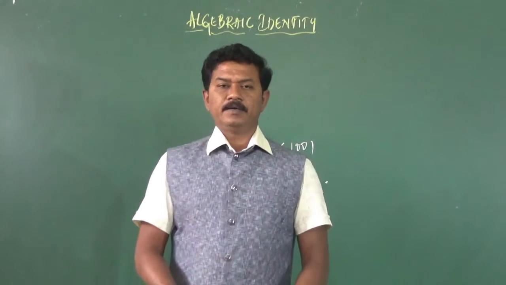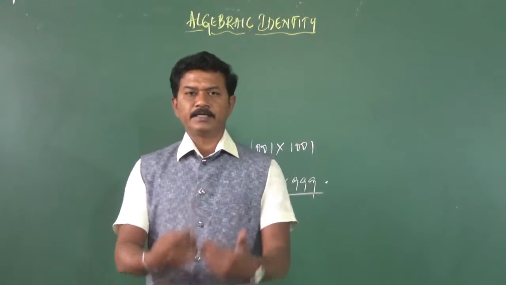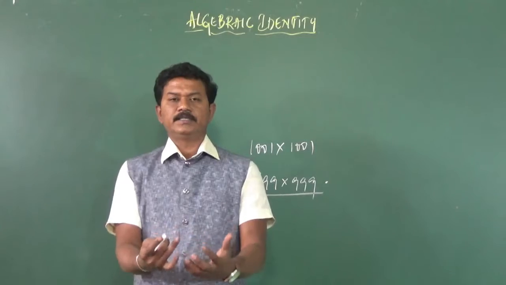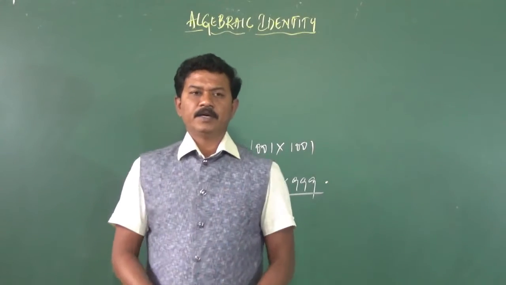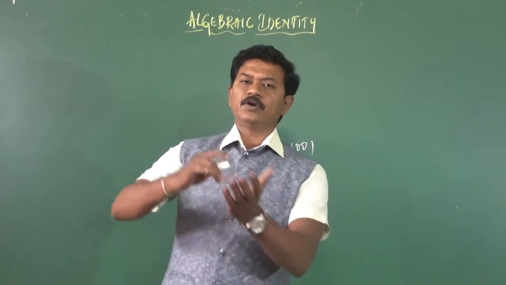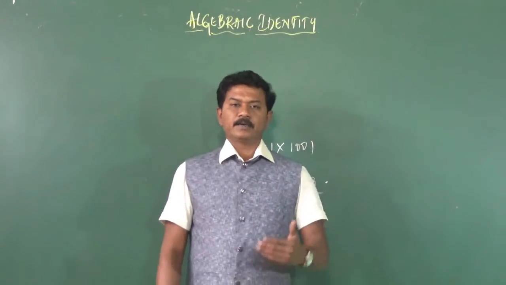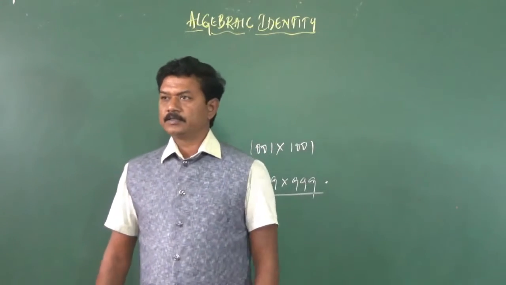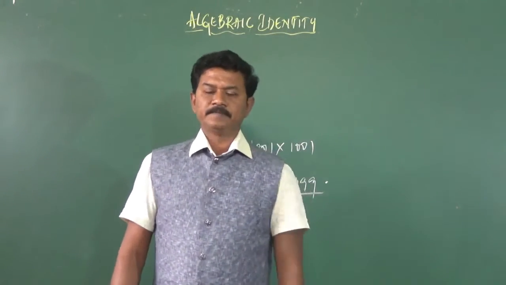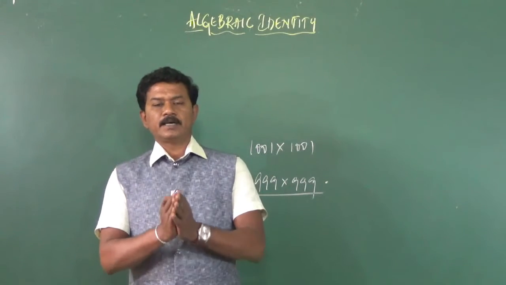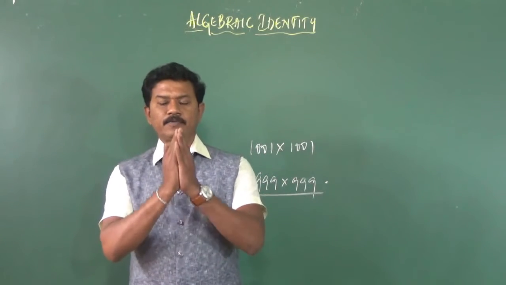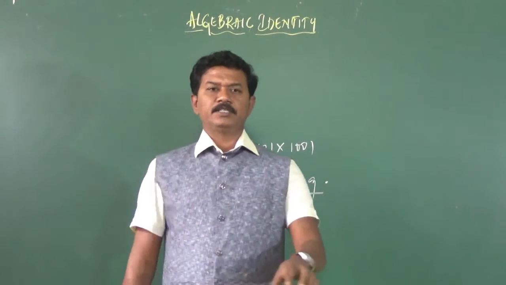I will present how each identity is created, how it comes, and also teach you how to apply it in our day-to-day mathematical computations. The third most important point is that these algebraic identities have a wide range of applications. It's not only confined to algebra.